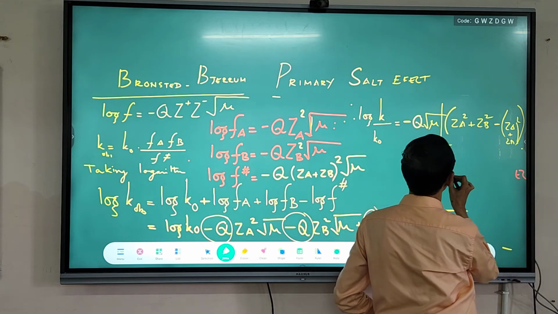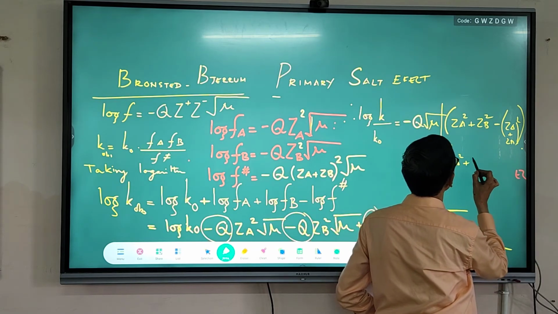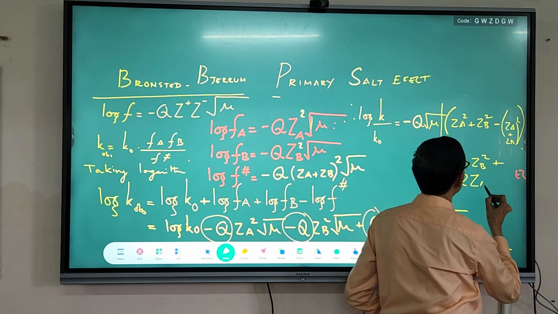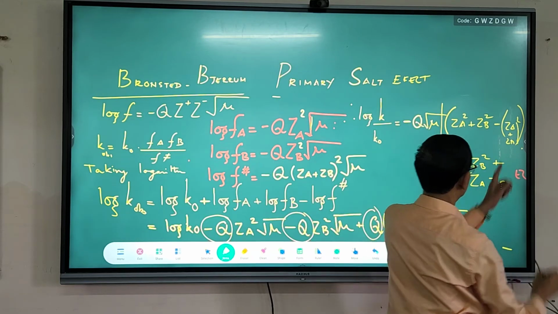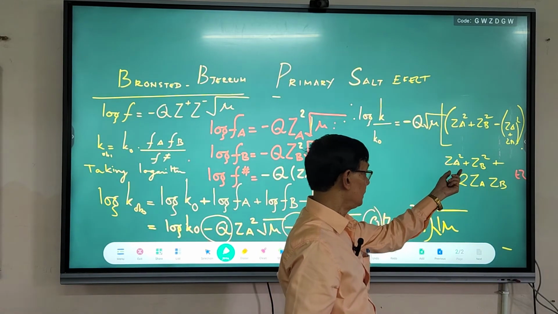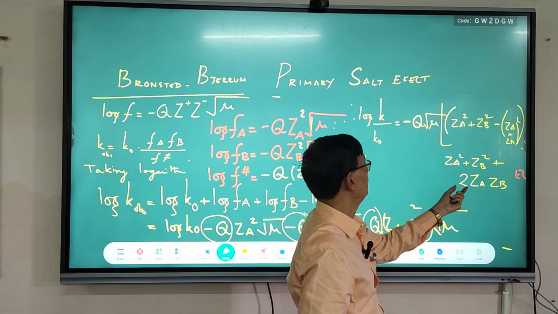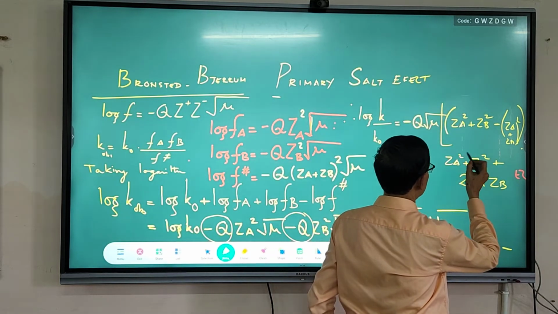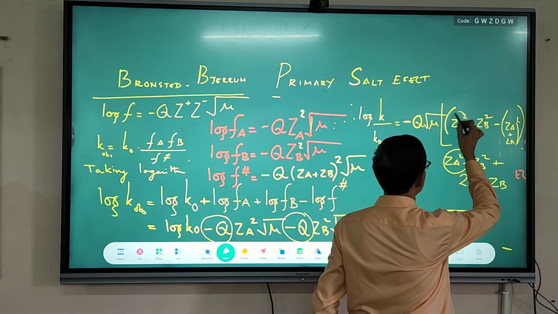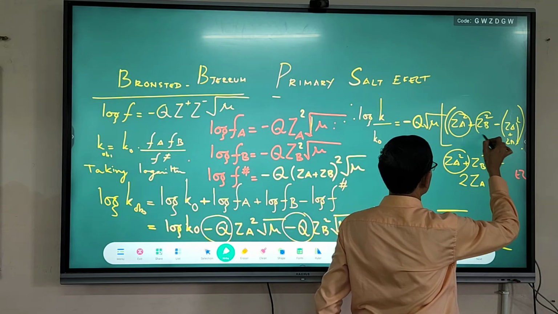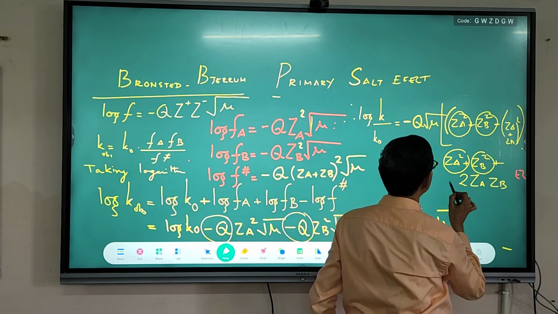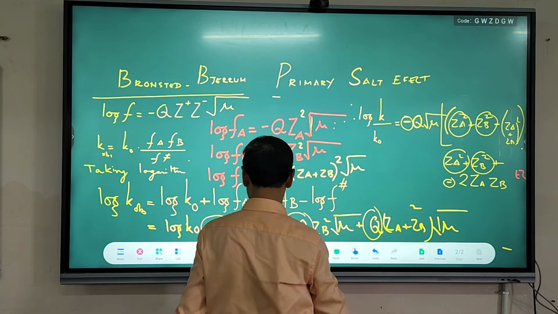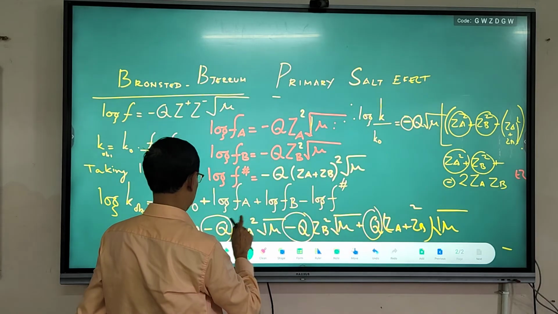So I can write ZA square plus ZB square plus 2 ZA ZB. We change the sign, so ZA square cancels with ZA square, ZB square cancels with ZB square. So what will we get?